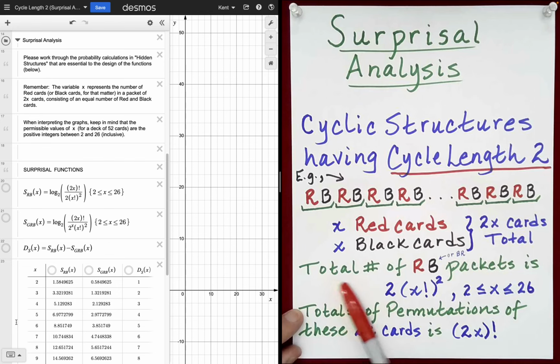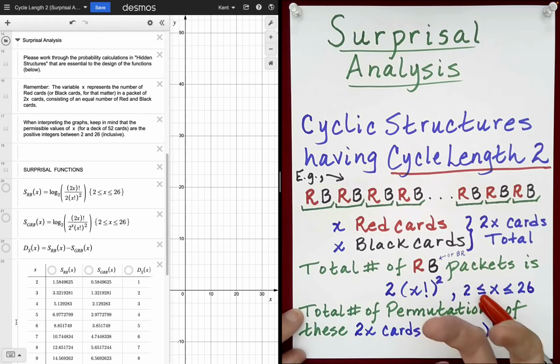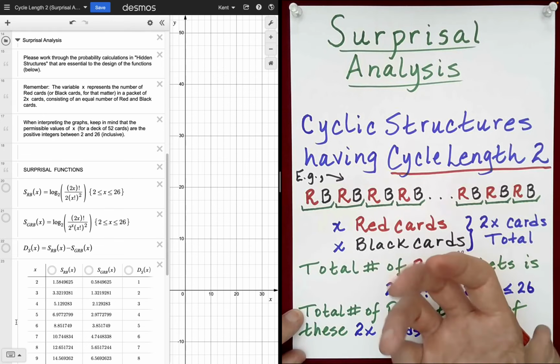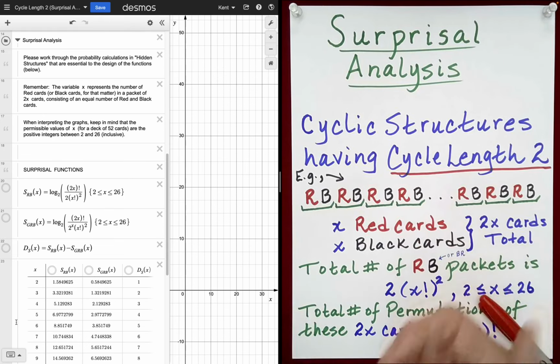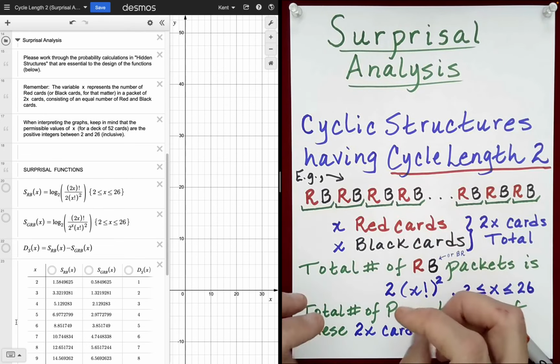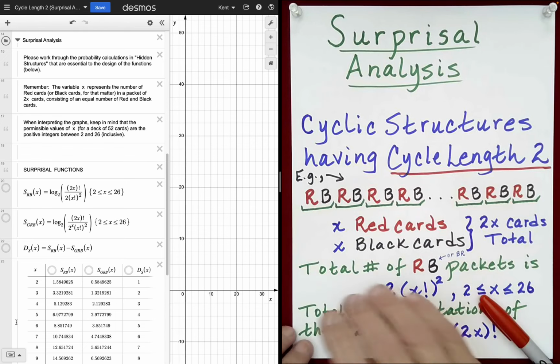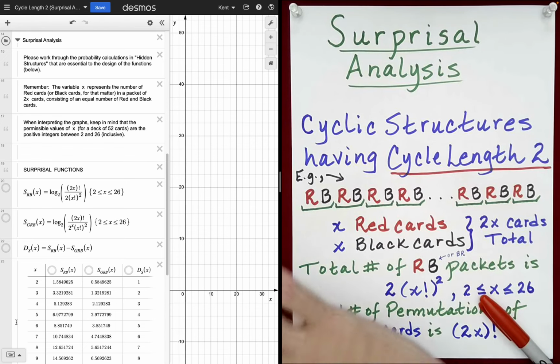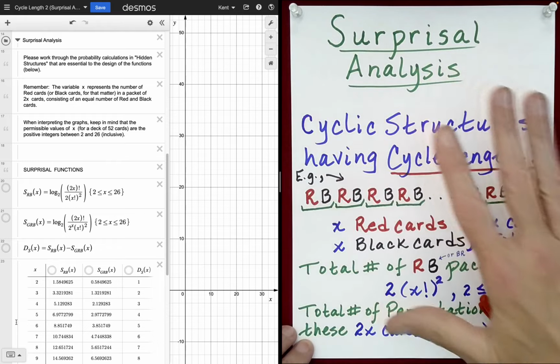So with the total number of what we call RB packets calculated, and the total number of permutations of this packet of 2x cards, we can calculate the probability that we would take a packet of cards in which there's an equal number of red and black, shuffle that, randomize it to our heart's content, and then find that that shuffled packet alternates perfectly in color.